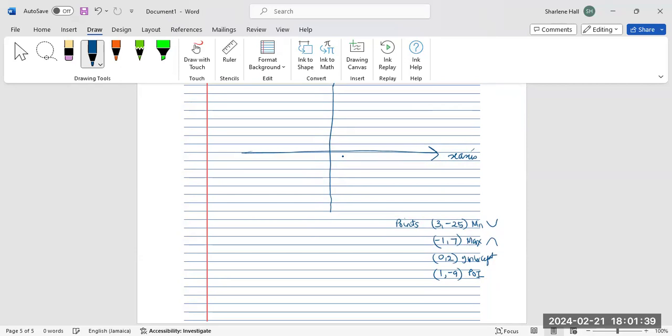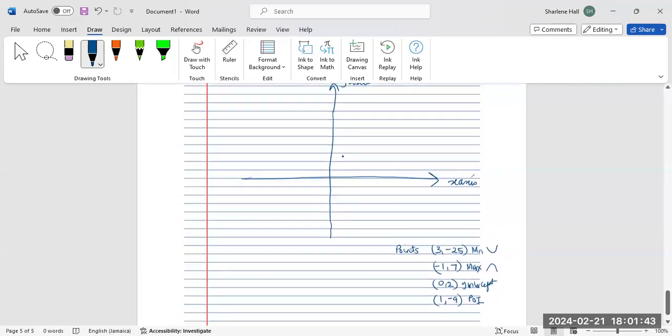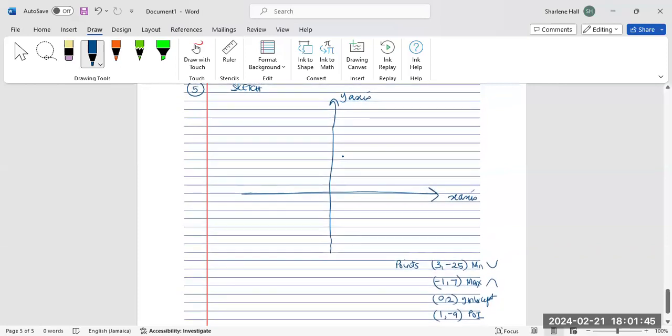See, all these four points must be on my graph. So my largest x value is going to be 3. I can call this 1, that 2, that 3. My largest y value is 7.